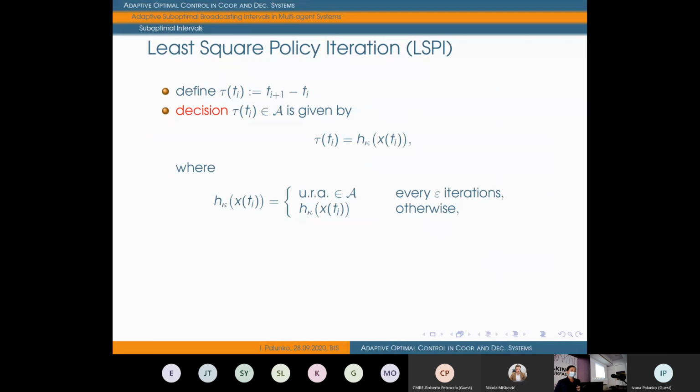For solving this, basically for the least square policy iteration, instead of using the state of the UAV as a state, we are using the interval as a state. The trick with least square policy iteration is that we can claim that it's suboptimal, but we cannot claim stability. So before doing this, we need to ensure stability.